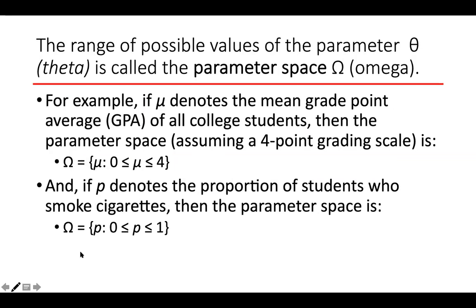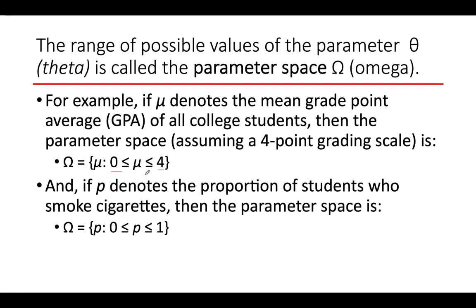Let's first talk about the range. You remember the range, right? If I'm after the mean grade point average, GPA, of all college students in Turkey, there are 8 million people now trying to obtain their college degrees, and I cannot go and find the mean GPA, but I know that the range is between 0 and 4, right?